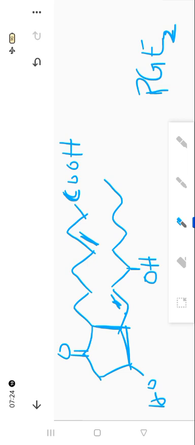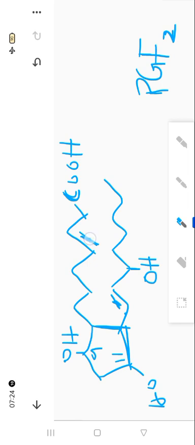And now the next we look at is prostaglandin F, which are the diols. So for the prostaglandin F series, we talk about the diols. There are going to be two alcohol groups on carbons 9 and 11. So this would be PGF2, actually, because of the two double bonds.